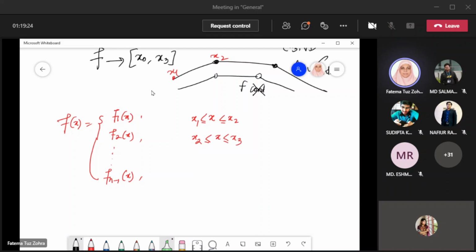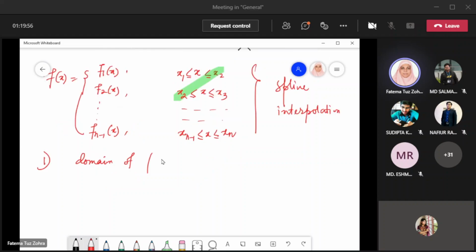Then in the same way it will go like this, up to x(n-1) to xn. So that is the structure of spline interpolation. Done? Then the conditions are, the first condition is the domain of f(x) is from x1 to xn.